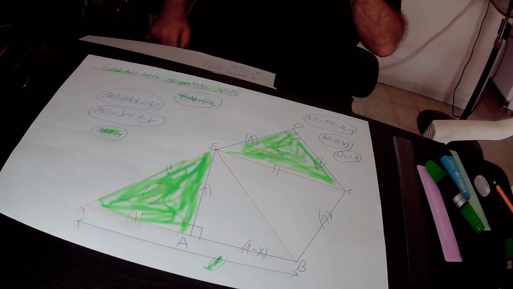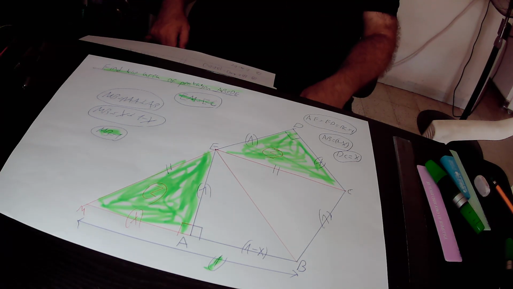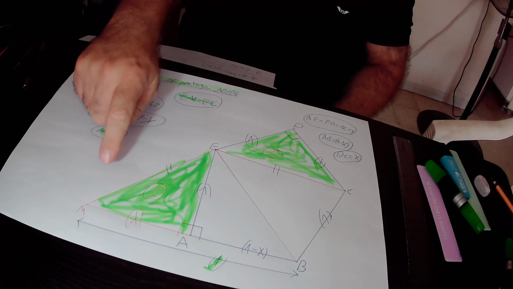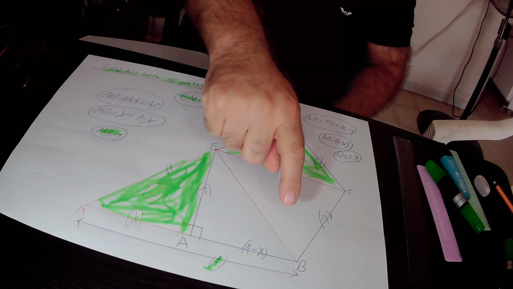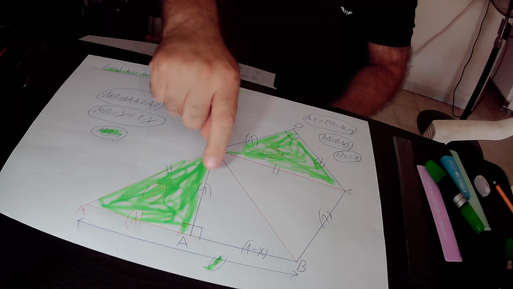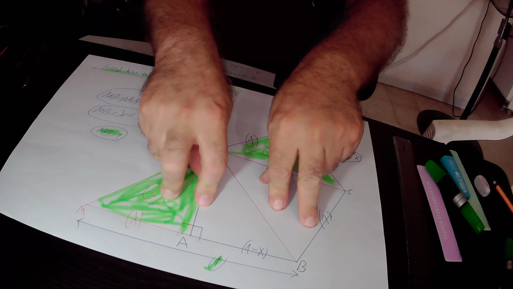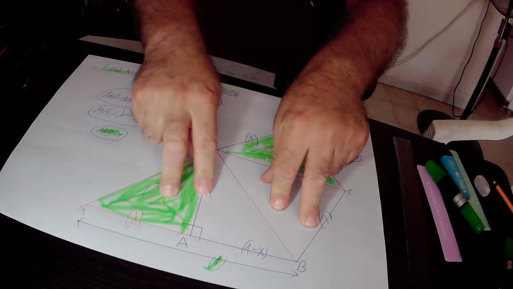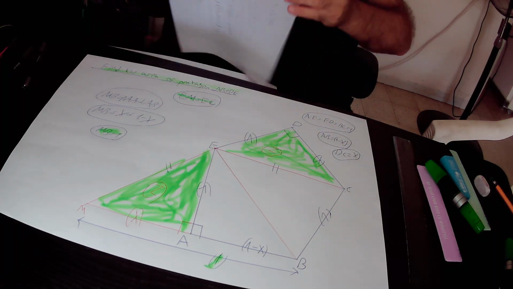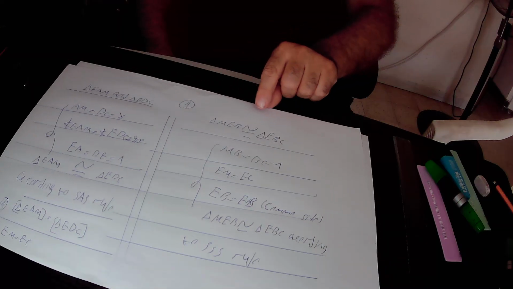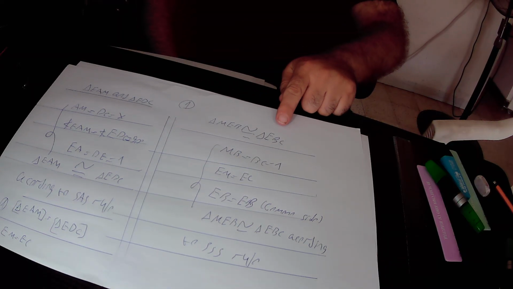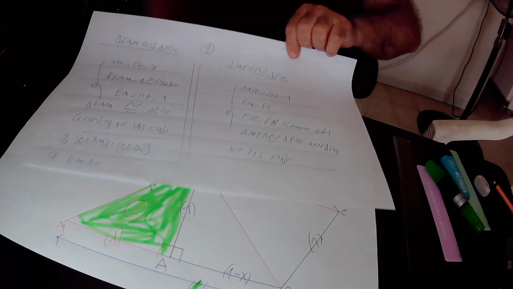In the next step, we prove that the right triangle MEB can go into the triangle EBC according to the side rule.